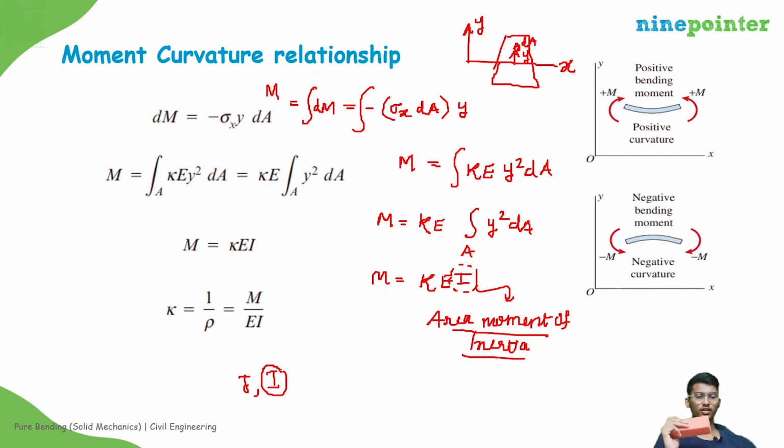In the torsion case, the vector representation of the torsion moment is perpendicular to the cross section. So about this axis we calculated the J.